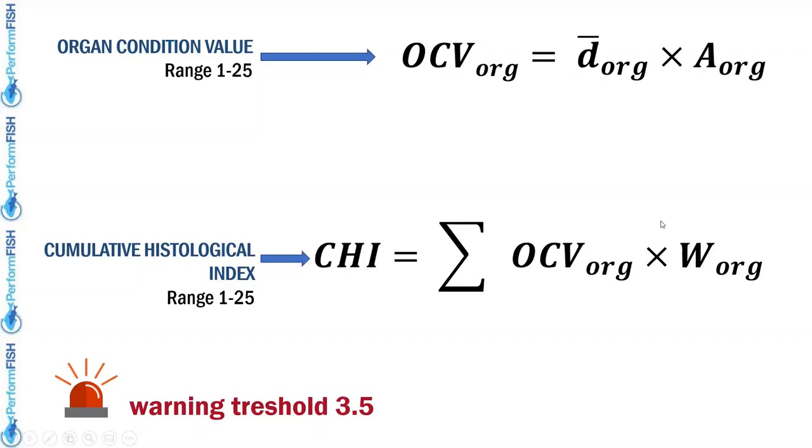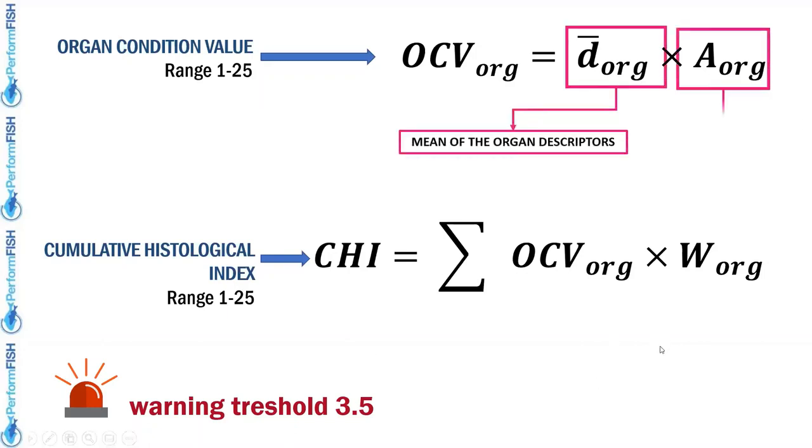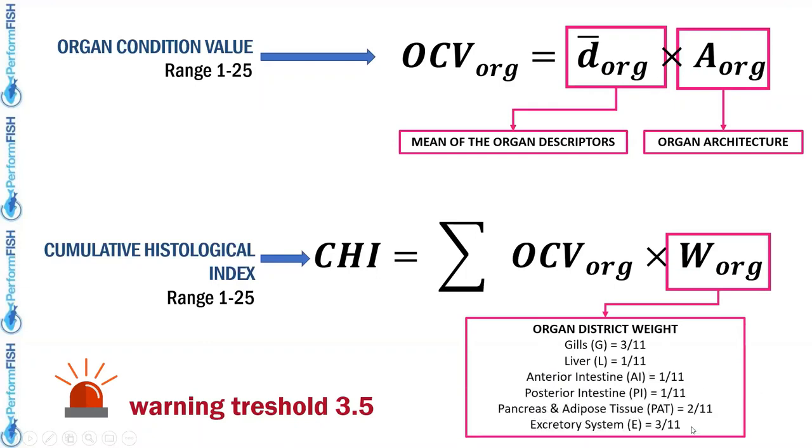And the second, the most general, is the weighted sum of the OCVs of each organ district multiplied by the weights assigned to the organs. Sorry, this is the organ district weight.